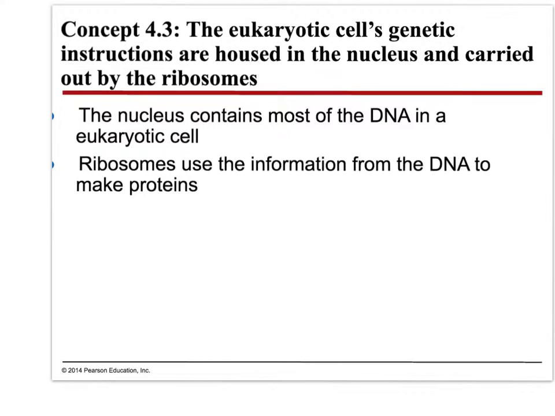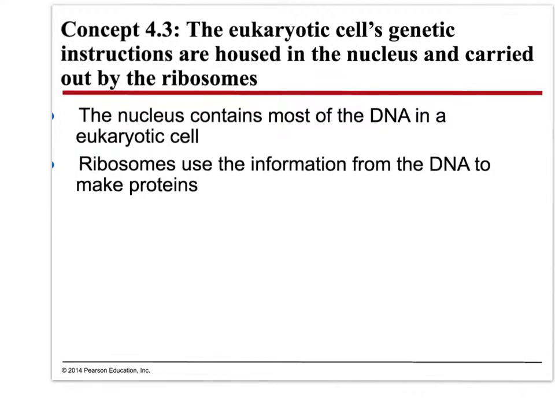Where in the cytoplasm? Not ribosomes. The mitochondria and the chloroplast. Okay? Because they actually are derived from bacteria, mitochondria and chloroplasts have their own DNA. All right? But most of the DNA, the bulk of it, is found in the nucleus.